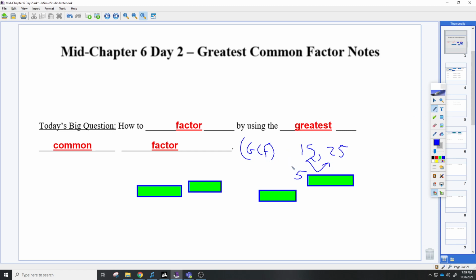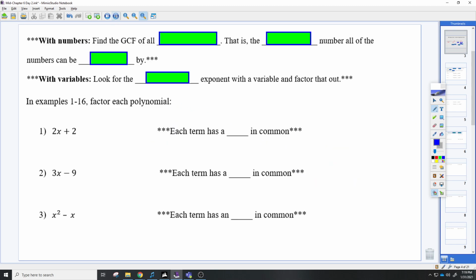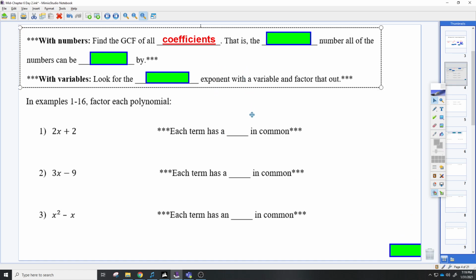So we're going to practice doing that with numbers, and we're going to do it with variables, and we're going to talk about how to do it with each one to do some factoring. So specifically with numbers, to find the GCF, you look at all the coefficients. So what does that mean when you're looking at coefficients?